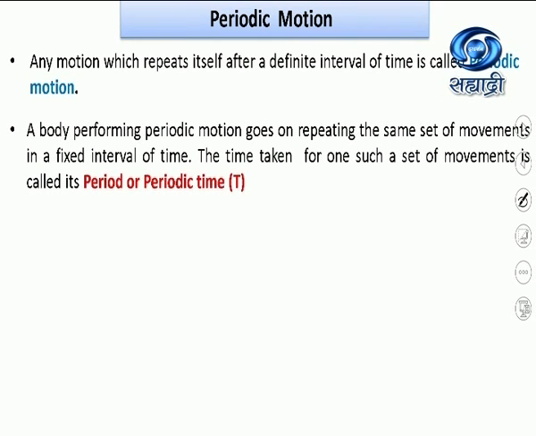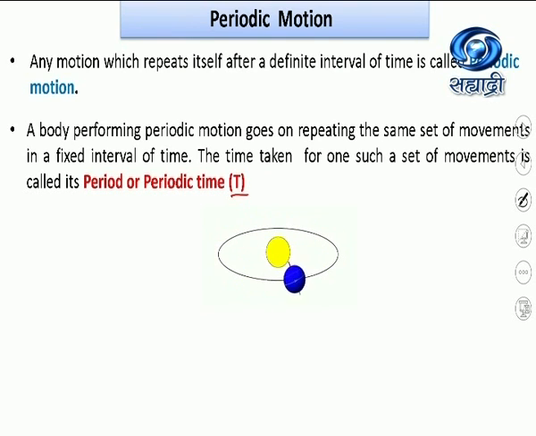When any body is performing periodic motion, it goes on repeating the same set of movements again and again, or we can say the body is performing the same sets of movements in a fixed interval of time. The time taken for one such set of movements is called its period or periodic time, which is indicated by capital T. For example, the motion of the Earth around the sun.